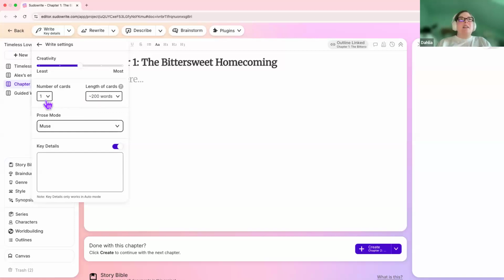Since I'm this time just looking for a beginning that should hook me, I just set it to 100 words. And I want a few more variations, and tell it that it's written from Mia's POV.